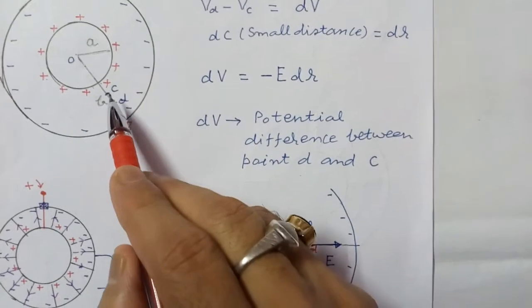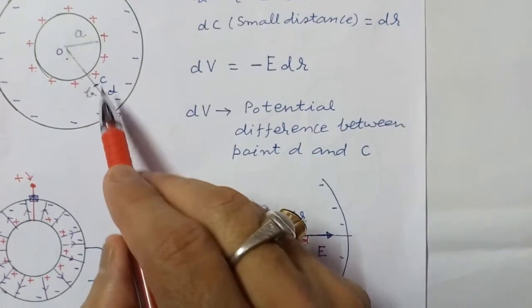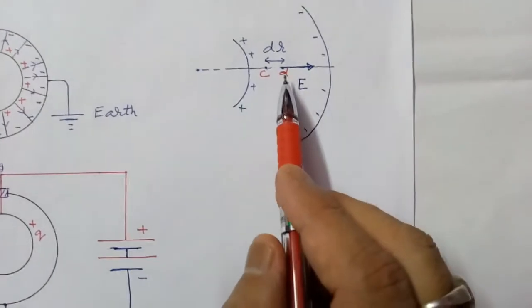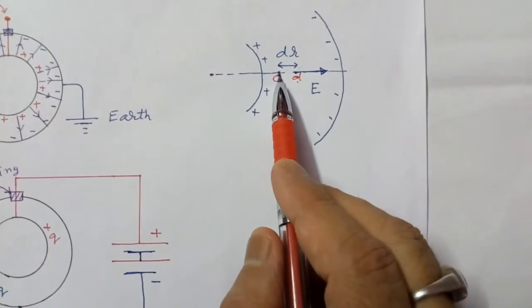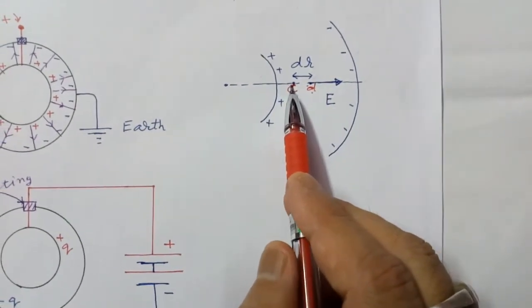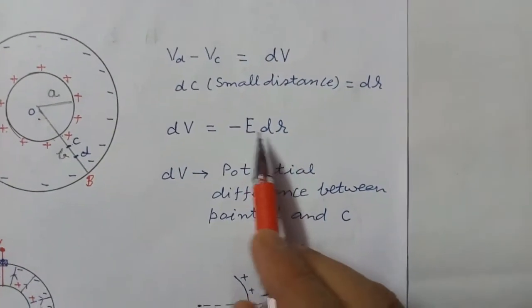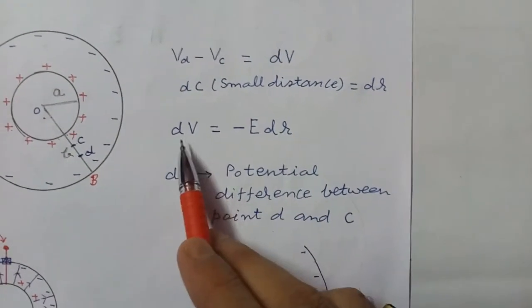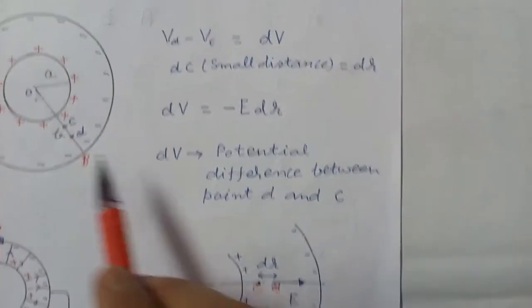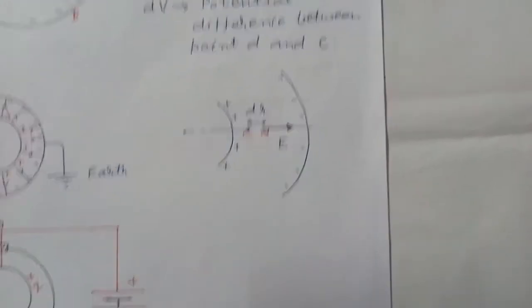Take two nearby points on this line OB, D and C. The distance between them is dr. So the work done in moving a unit positive charge from D to C is equal to E dr, and this is equal to the potential difference between points D and C. So dV is the potential difference between points D and C.